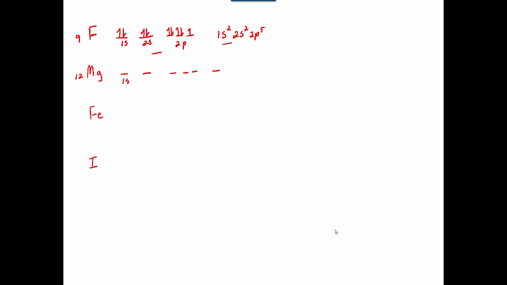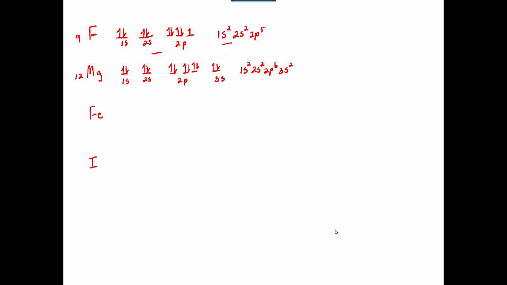In this case, I've got 1s, 2s, the 2p subshell, and the 3s subshell. 2 electrons go here, 2 electrons go here, and then 5, 6, 7, 8, 9, 10, 11, and 12. So I can write this as 1s2, 2s2, 2p6, 3s2. Again, I'm following the proper order of filling.